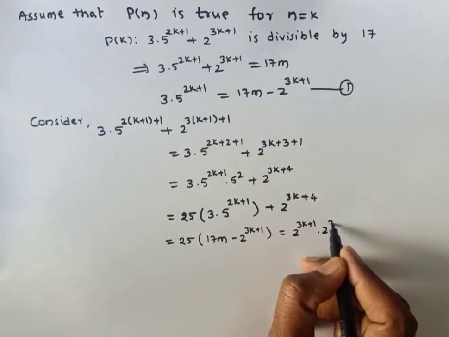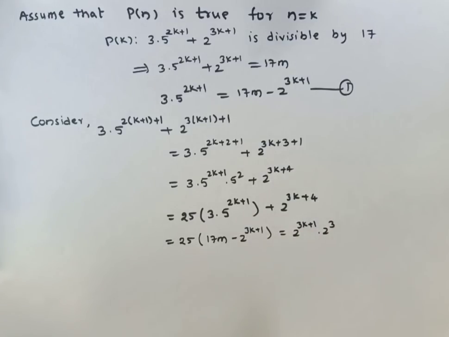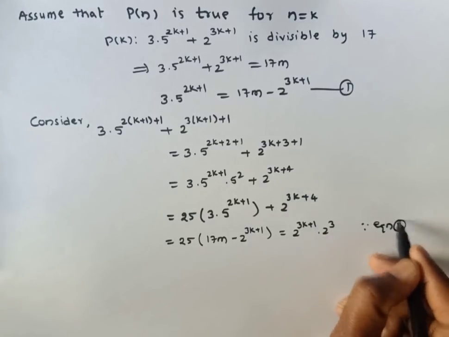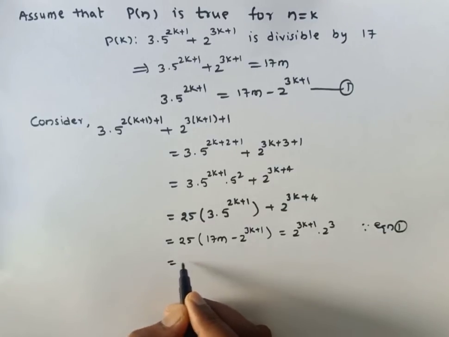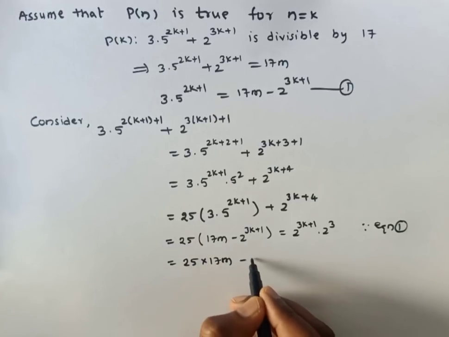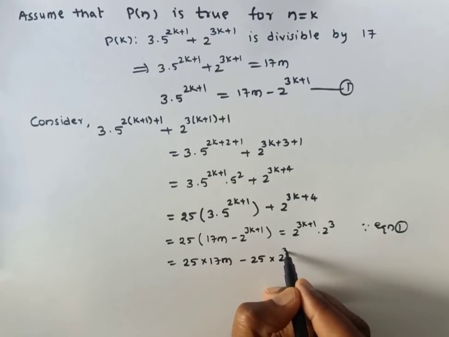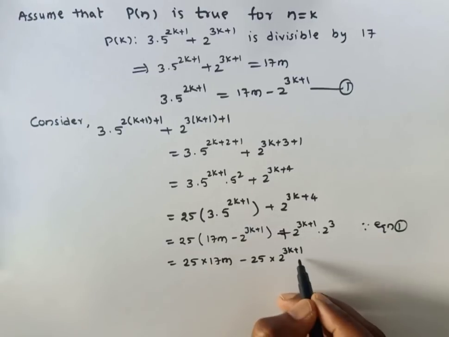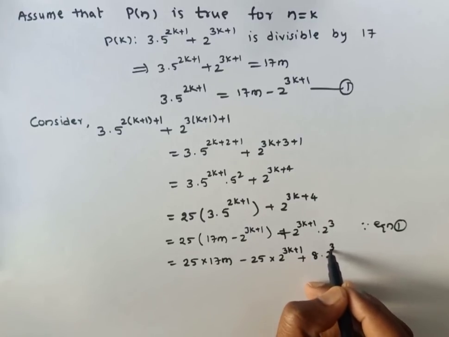By using equation 1, this simplifies to 25 into 17m minus 25 into 2 to the power of 3k plus 1, plus 2 power 3, which is 8, into 2 to the power of 3k plus 1.